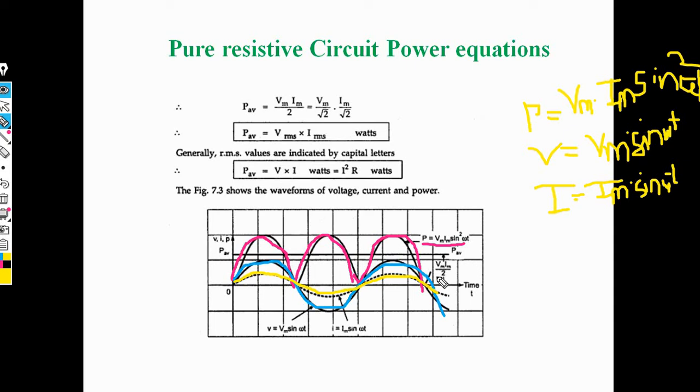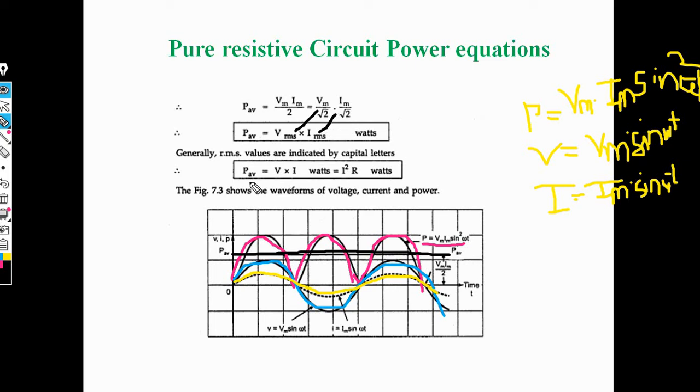Also, the black line is the average power. P average is equal to VRMS into IRMS, where VRMS is Vm upon root 2 and IRMS is Im upon root 2.